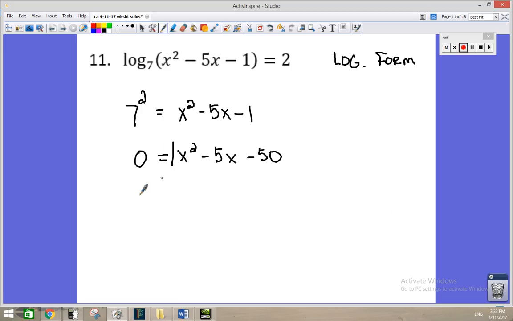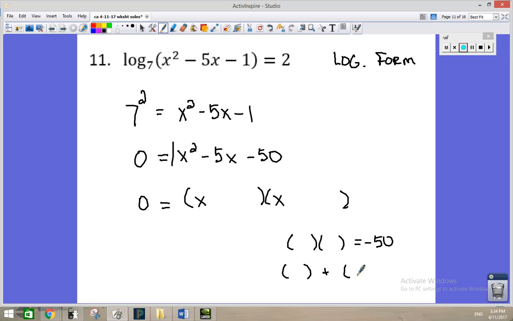With a leading coefficient of 1, it's pretty easy. x times x will get you x squared. What two numbers multiplied together will give you negative 50, but at the same time add together to give you a negative 5?